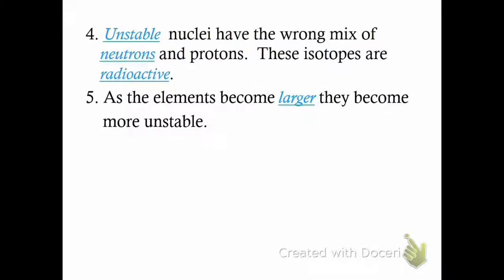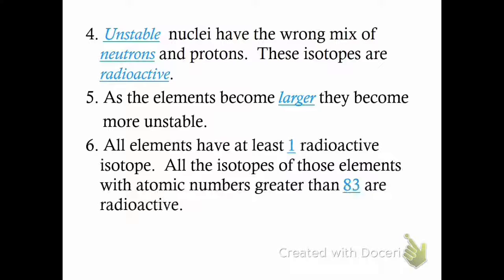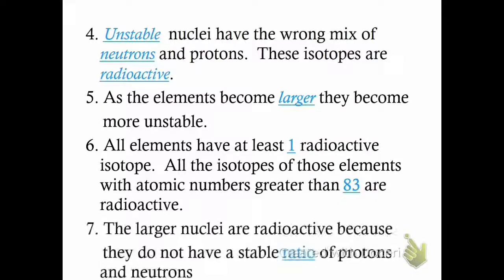Typically, as elements become larger, they become more unstable. However, every element has at least one radioactive isotope. And every isotope of every element bigger than 83 is radioactive. These larger isotopes are radioactive because they just don't have that stable ratio of protons and neutrons.